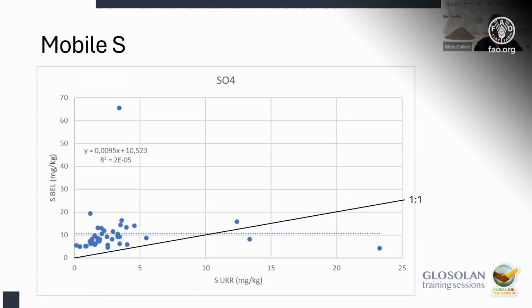What we found is in the results here, with the 1-1 line. If we make a regression line through our results, we see that it's almost a horizontal line, so there is not really a trend. But we also see a point that is a bit strange, and we guess it's an analytical error, and we should do it again in order to verify this point.